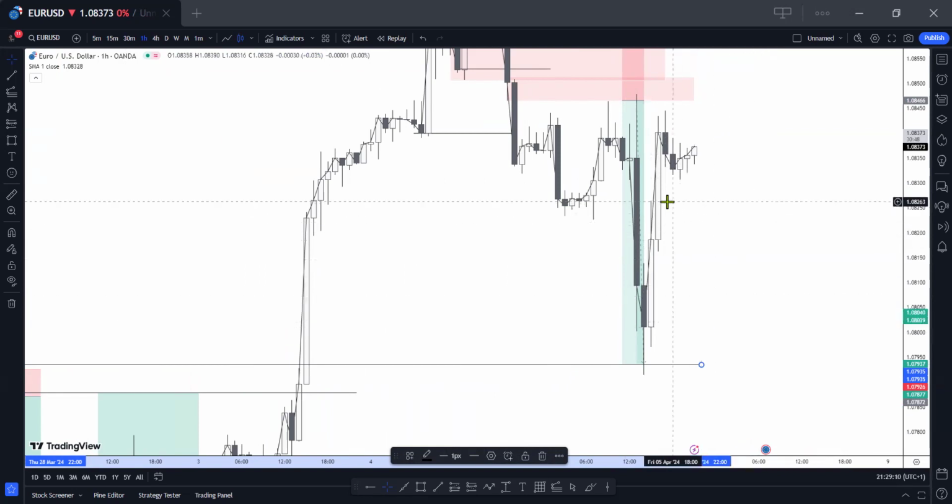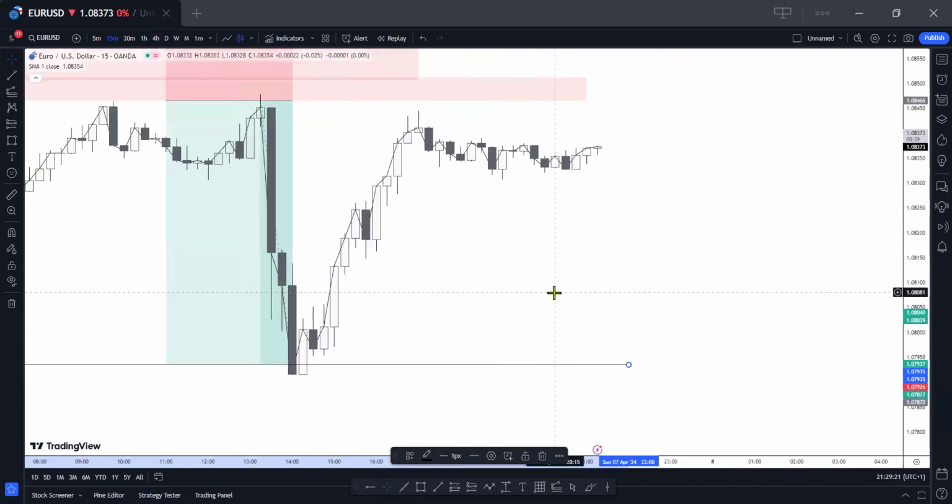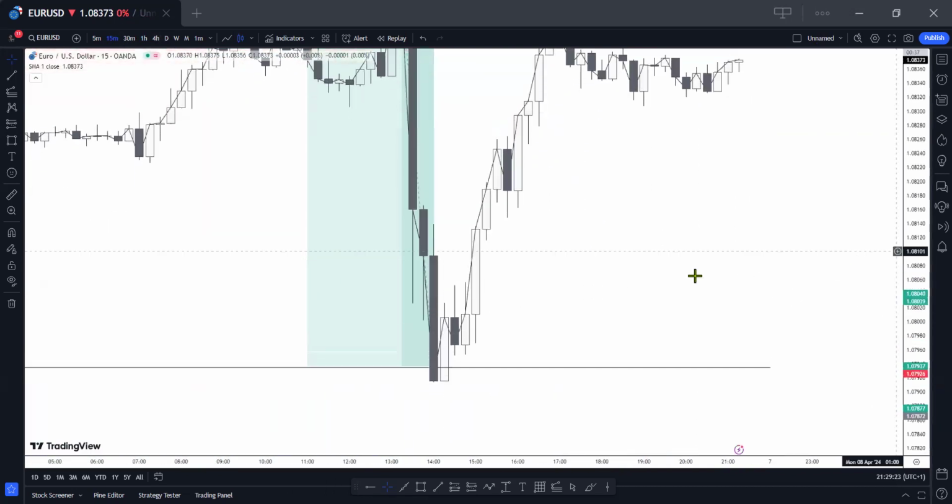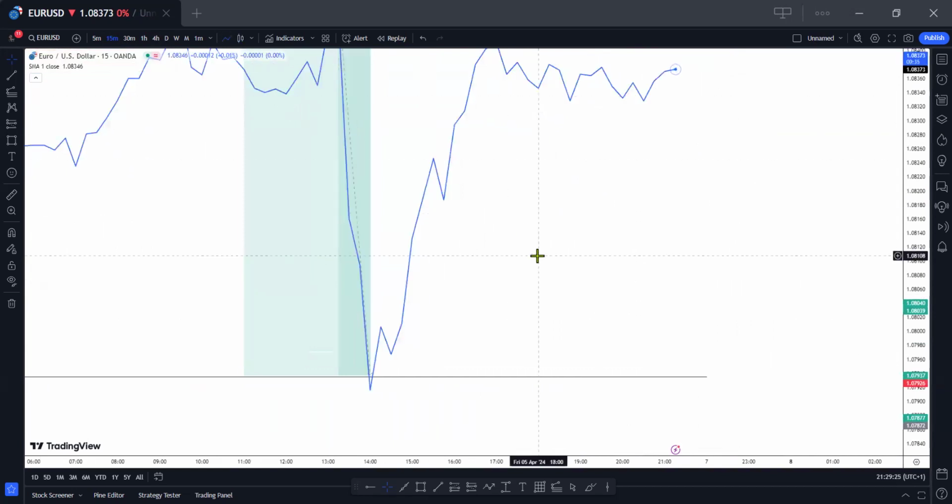If you don't see it, if price is trying to move sharply away like this, you go 2 time frames below H1, which is M15. On the M15, you look for the same thing, but in this scenario you're looking for breakouts.